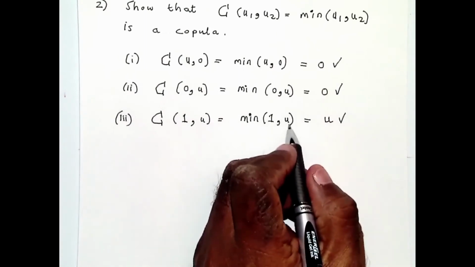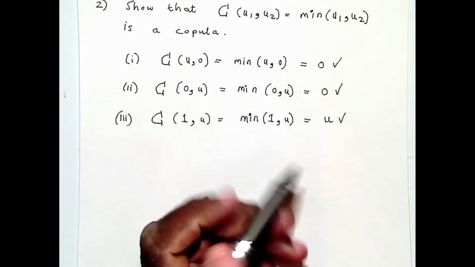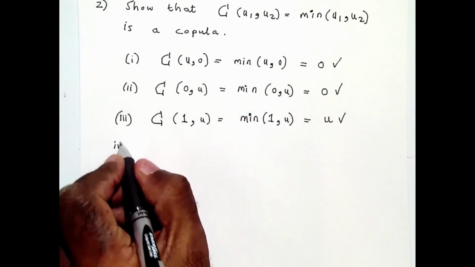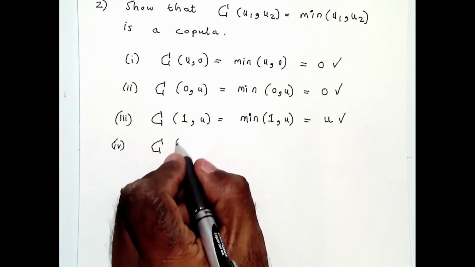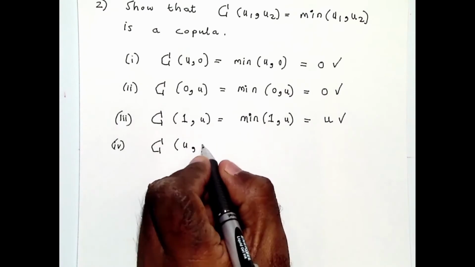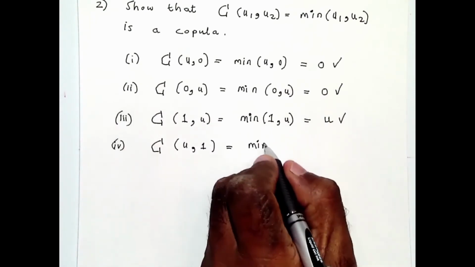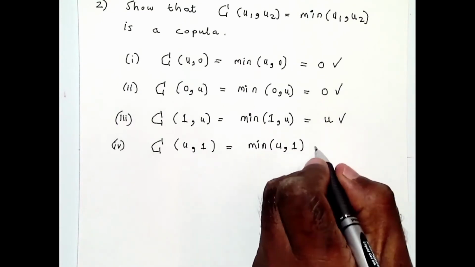Remember, the 2 arguments u1 and u2 are numbers between 0 and 1. So the minimum of this is u, right? And this is minimum of u and 1, which is u.